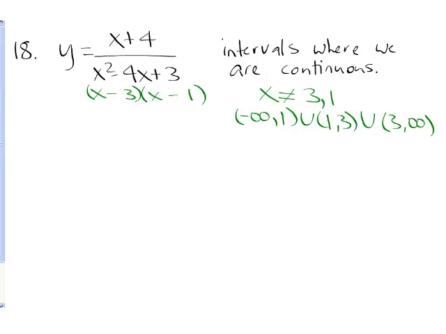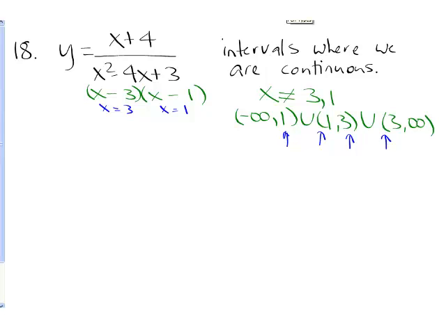We have an issue when x equals 1 here, and we have an issue when x equals 3 here. But we're not including them because we're using a parenthesis. When you use a parenthesis, you don't include that point. So I'll write this wrong example in red.